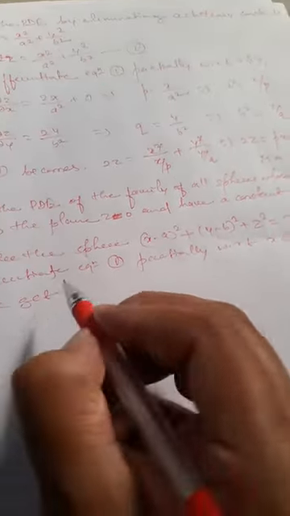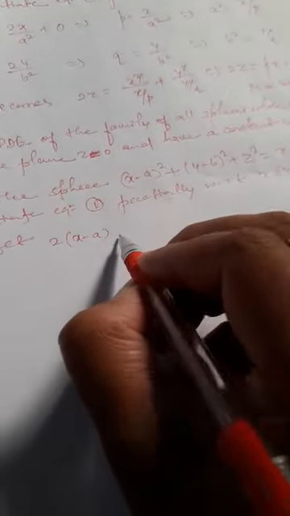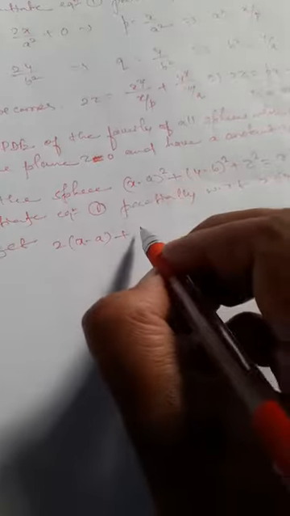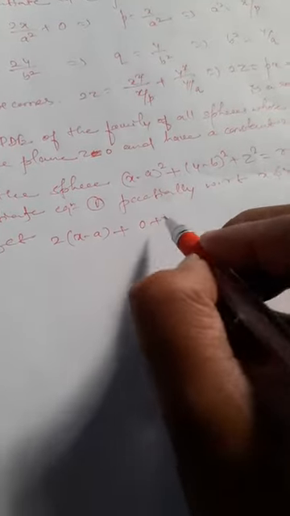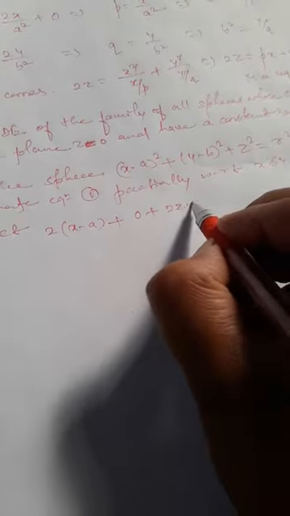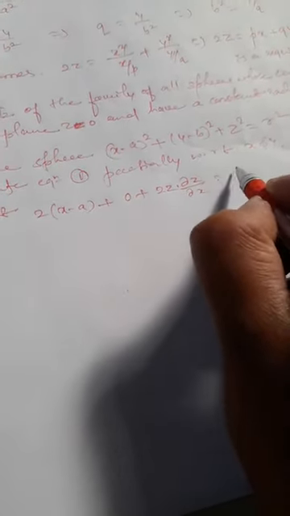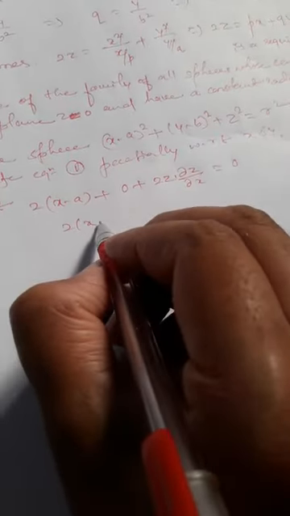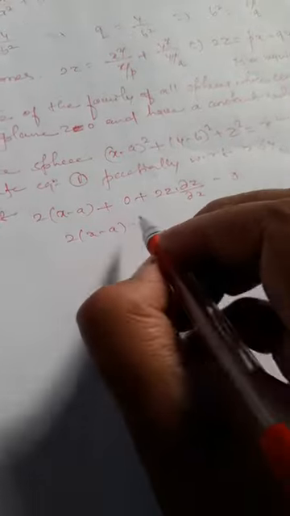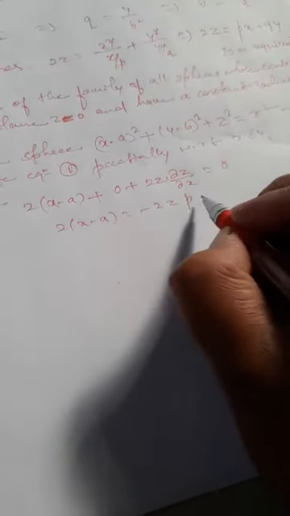We get 2 times x minus a plus the second term 0, plus 2 times z, by the chain rule, dou z by dou x, and this term is 0. Therefore 2 times x minus a, and on this side 2z, and the denotation is p, 2 gets cancelled.